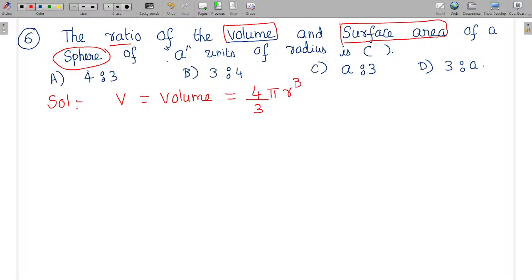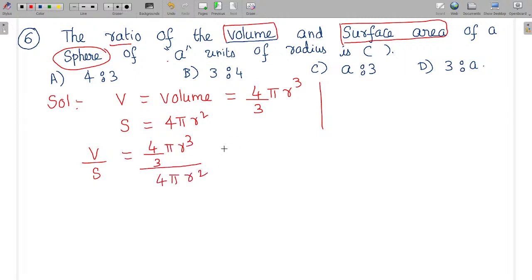Next, surface area is given by 4 πr square. It may be total surface area. Next let us evaluate V upon S. So that is 4/3 πr cube upon 4 πr square. So this can be simplified like this.